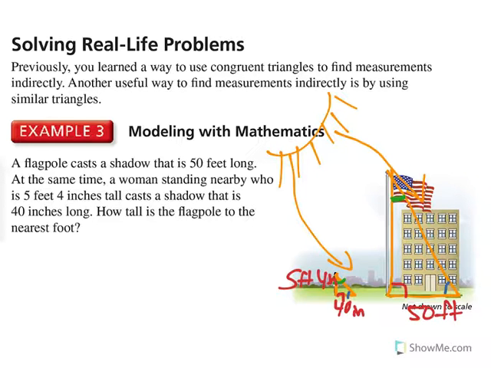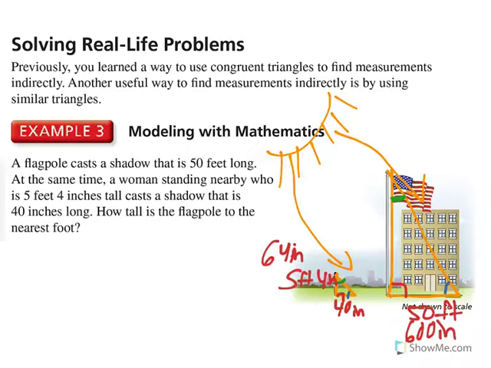I don't want decimals. So if I look first at her 5 feet 4 inches, well, 5 feet each has 12 inches in it. So this would be 60 inches and 4 inches. So together, it makes 64 inches. And then my 50 feet at 12 inches each would give me 600 inches.